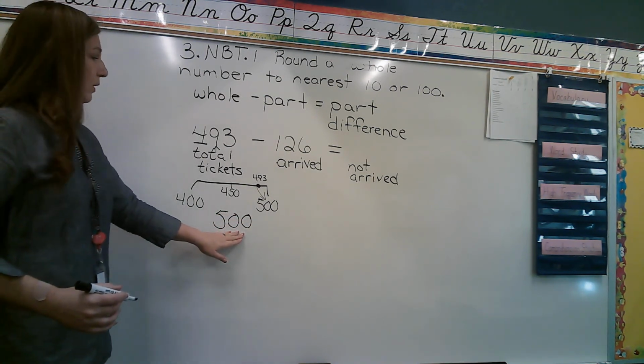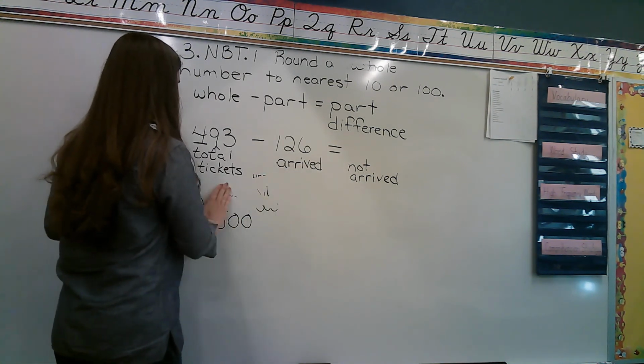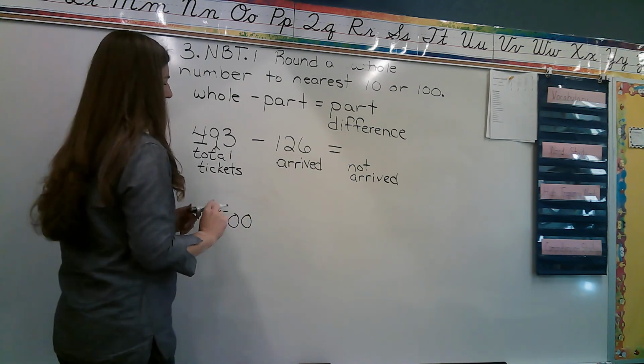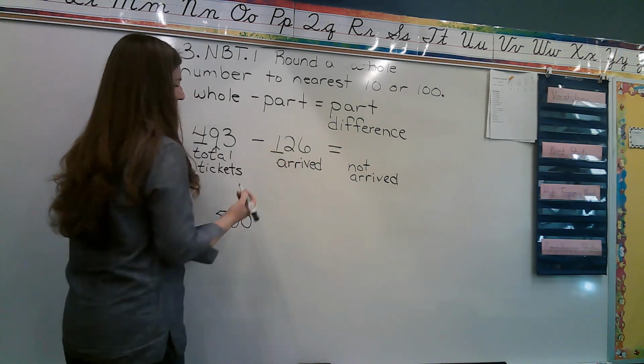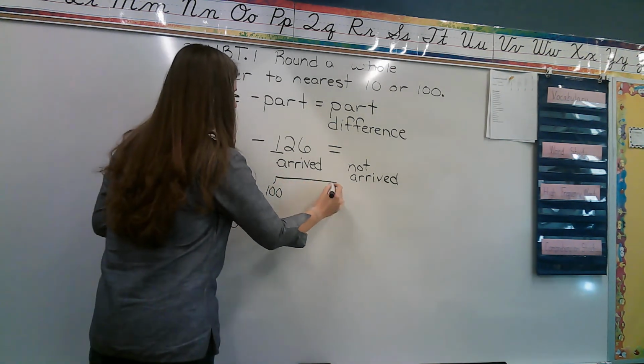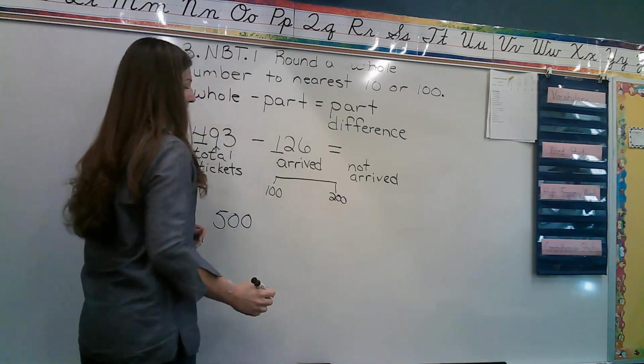Now, when we look at people that have arrived and we want to round to the closest 100, we look at the hundreds place, and that number is between 100 and the next 100 after 100, which is 200.